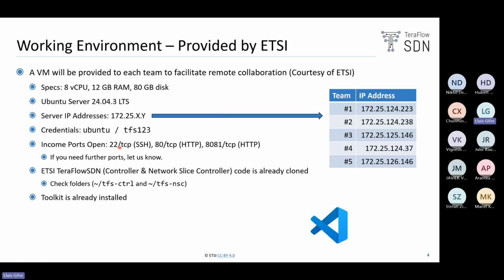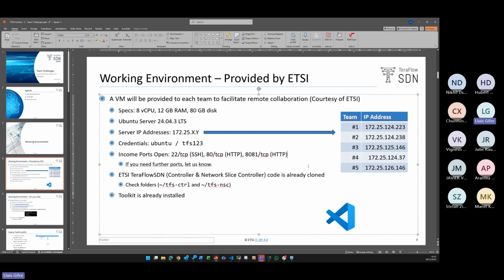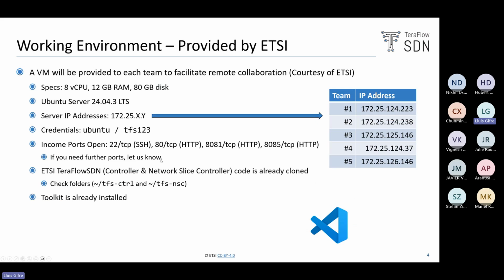Then the virtual machines are exposing, again, another change that I forgot to add because I was changing this a few hours ago. It's also exposing these ports, okay? So you can use port 22 TCP for SSH, port 80 TCP for the web UI of Terraflow. 8081, it's the Cockroach database, the relational database.